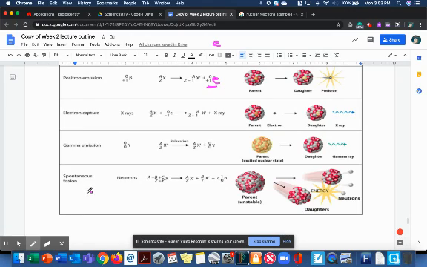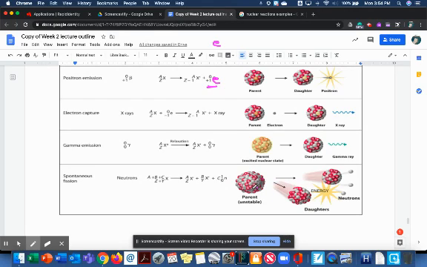Things can also decay by spontaneous fission. So there are isotopes that undergo spontaneous fission. These are the isotopes that are also used in nuclear power plants and nuclear weapons, like uranium-235 and plutonium isotopes, where you have a parent isotope, like uranium-235, and it splits into smaller isotopes and produces some neutrons.